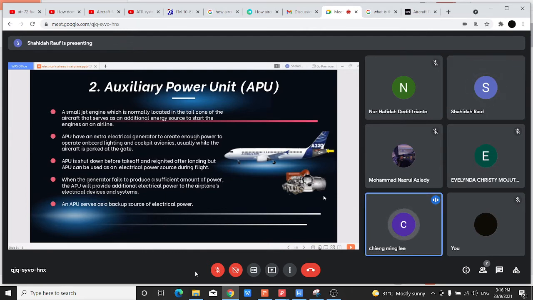The APU is a small turbine engine, and it also gives you bleed air to start the engine.